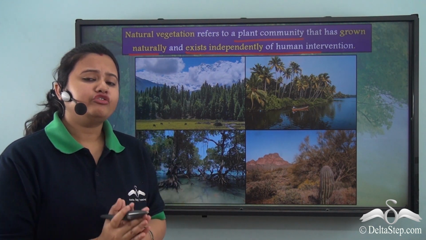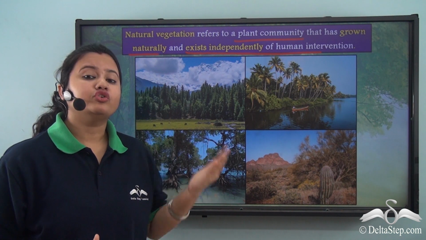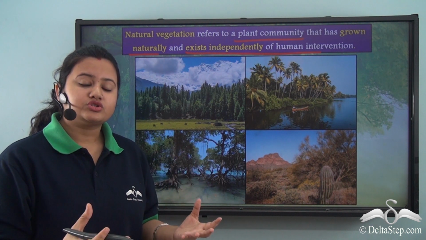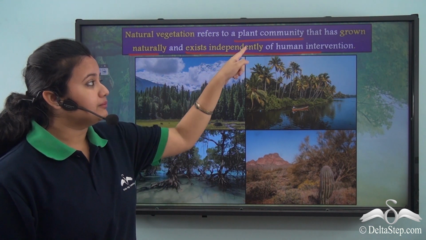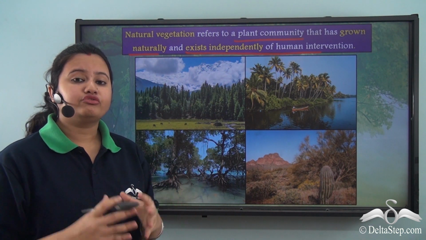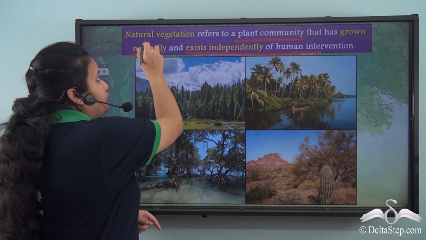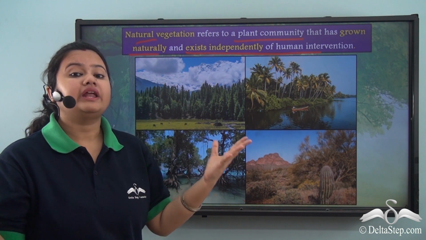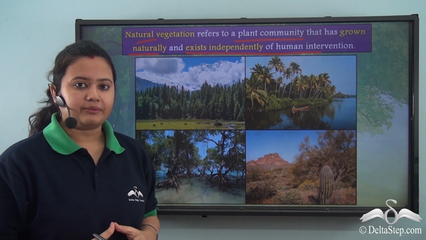Now, we often grow plants on our rooftops or in gardens or cultivate crops. They are also a part of plant community, but they do not form natural vegetation of any region because they grow with human aid and not naturally.